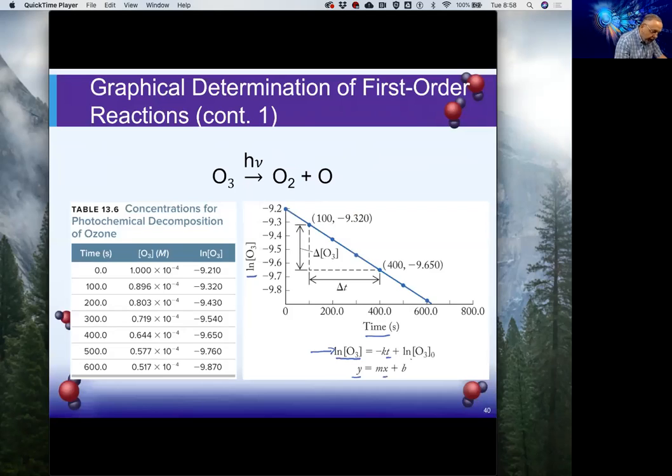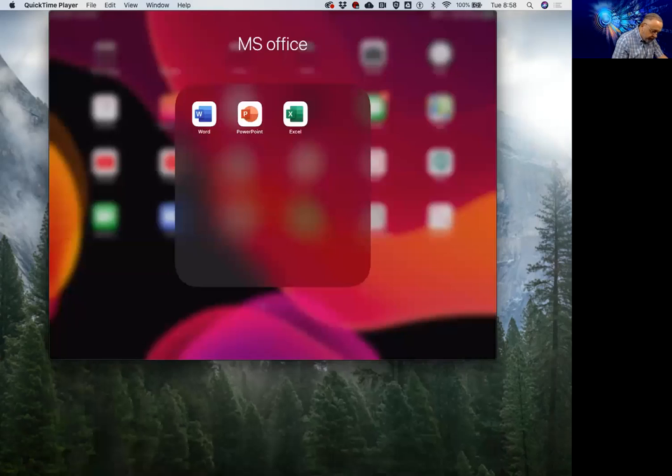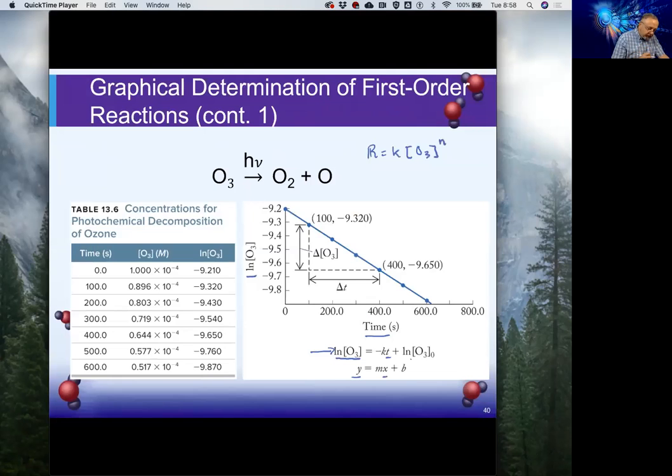So when you write a rate, you say rate is equal to k times the concentration of ozone to the power of n, where n we know is 1. That is the rate of the reaction.